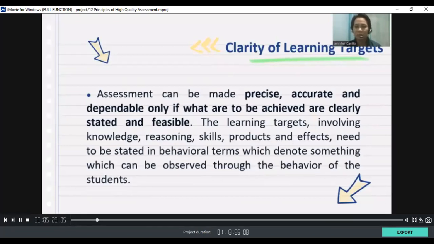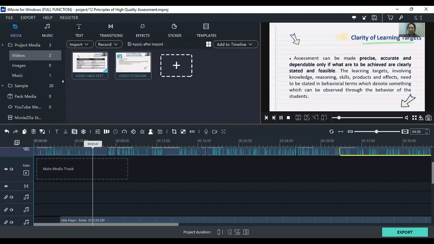So what do we mean by SMART? S for specific, M for measurable, A for attainable or achievable, R for realistic, and T for time-bounded. So that is how we will obtain the clarity of the learning targets.